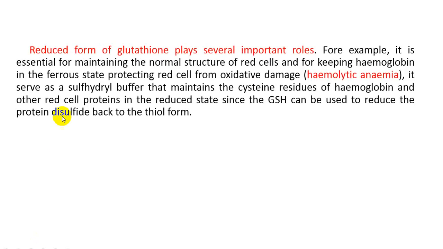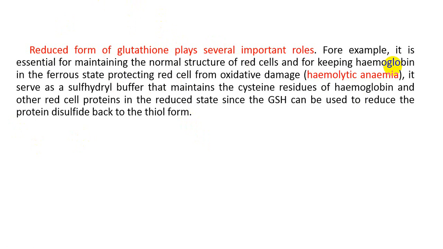The reduced form of glutathione plays several important roles. Because there is enough NADPH, all the oxidized form of NADP will be converted to the reduced form. Now, what's the function of the reduced form of glutathione?